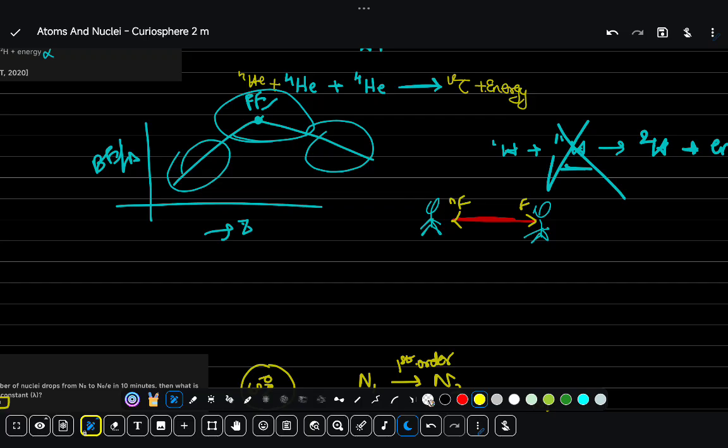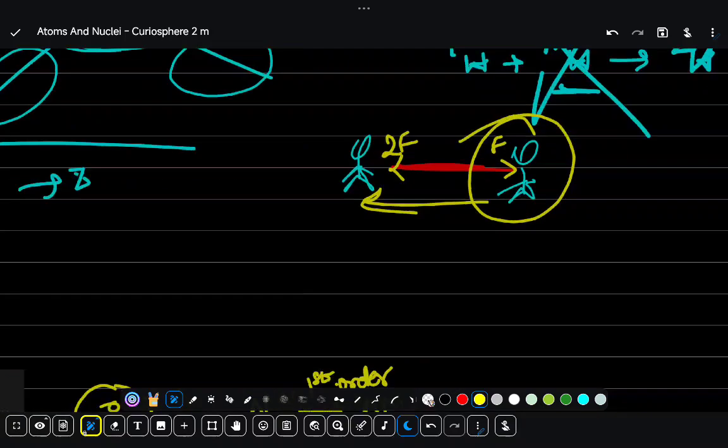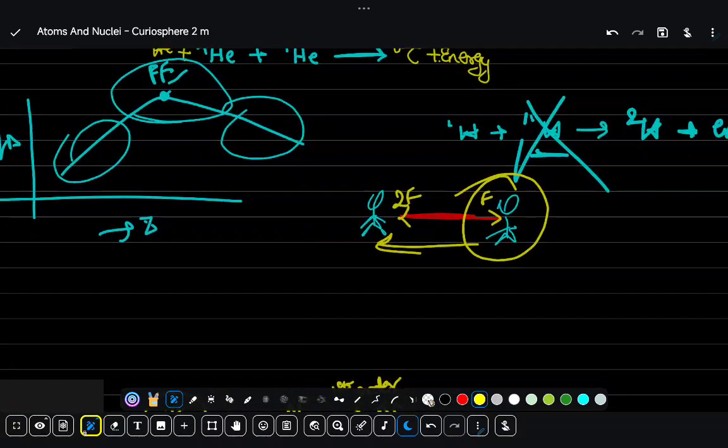If even one person increases the force, then the system moves to that side. The stability is disturbed and it moves to an unstable situation, right? Now let us say this person balances very well, and there is a net force of F this side, so the system moves this side.